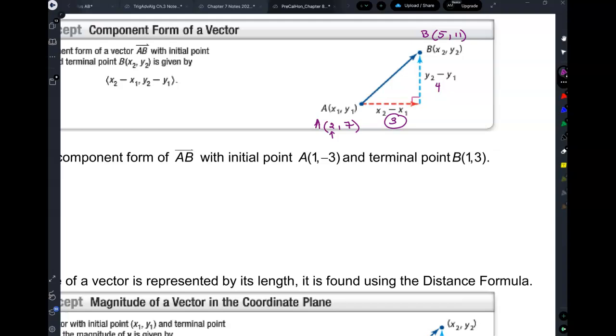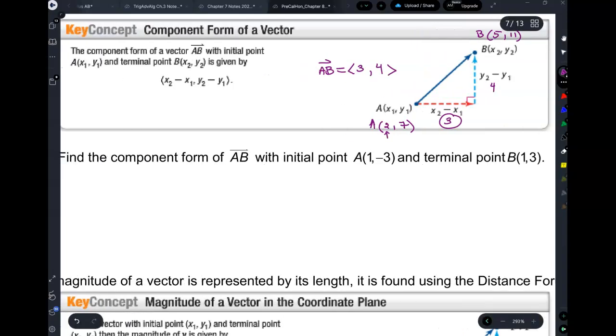So AB in component form will be, you go positive 3 in the x, positive 4 in the y. But how do we say this is any different from a coordinate point? Well, we use special brackets for it. So that is now the component form of vector AB, okay?